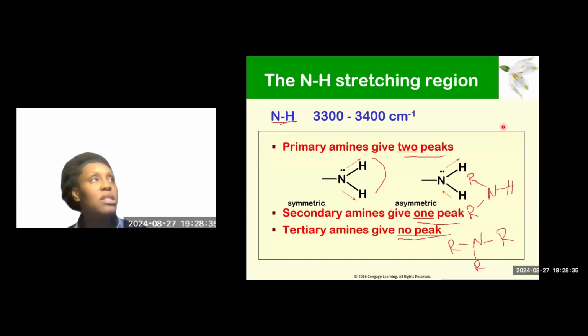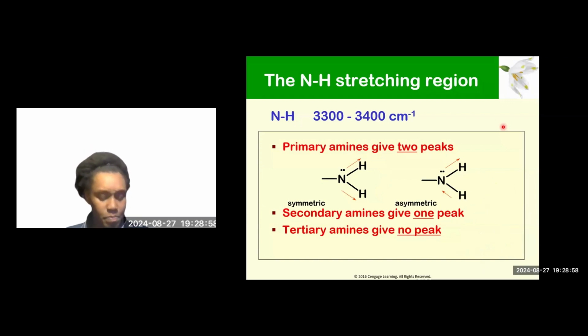You can't use the presence of a peak there to identify it if it's tertiary. Instead, you would look for the carbon-nitrogen bond. If you see a carbon-nitrogen bond present but nothing in the NH area, you know that it is a tertiary amine. But again, IR simply lets you know the basics. You have to use other techniques to confirm other things.